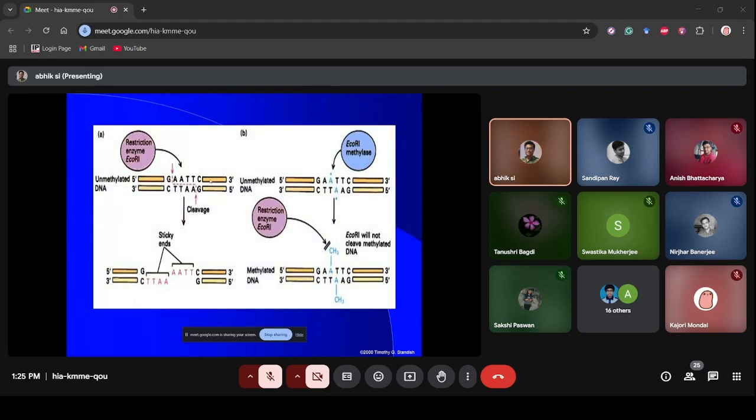For the other, you can understand that the upper strand starts from A and the lower strand starts from G.